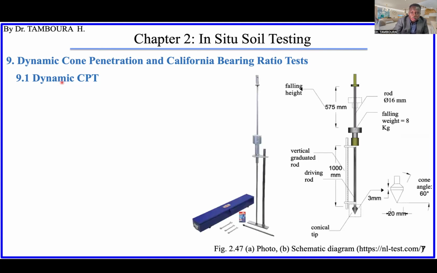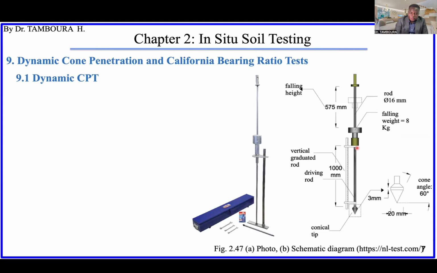We'll see. This is the apparatus, and we will explain based on this photo and this schematic diagram how to perform the test, and you will see the difference between this dynamic cone penetration and the static one.